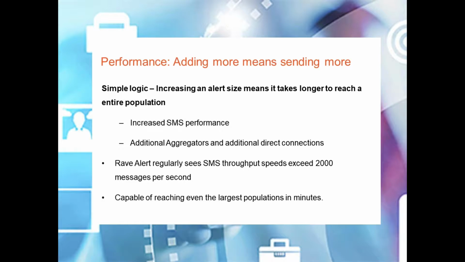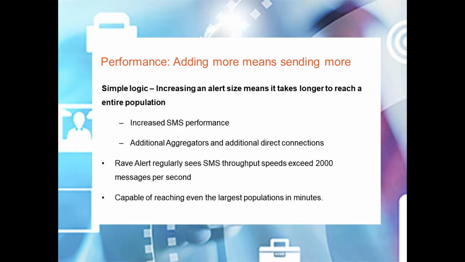So whether it's congestion or a problem with the SMS network, we have a way around it to get that message to that subscriber. From a performance standpoint, and this is more of a propeller head statistic for me, we're regularly seeing SMS throughputs above 2,000 messages a second.